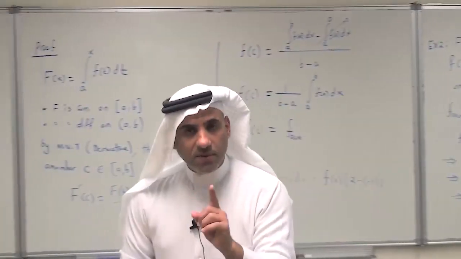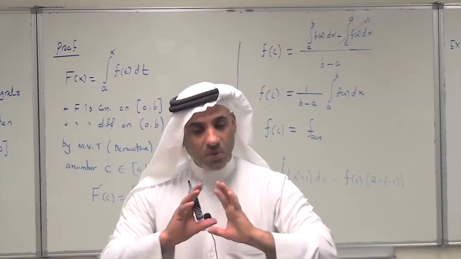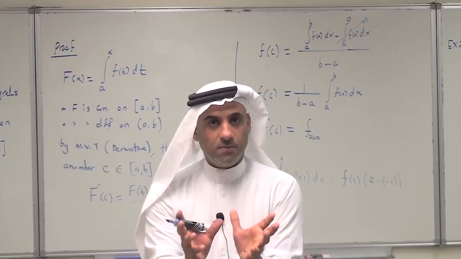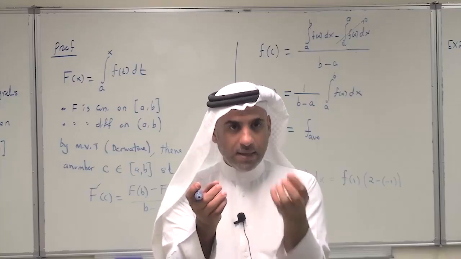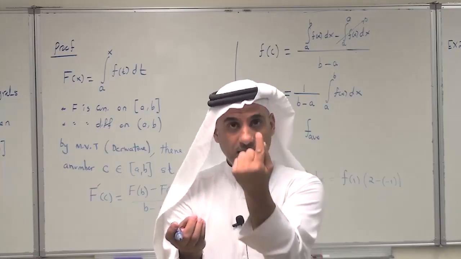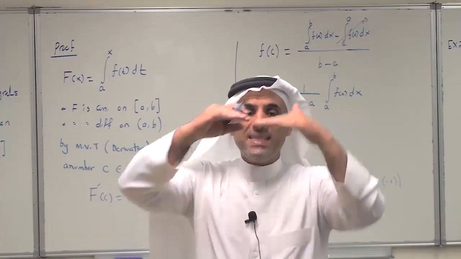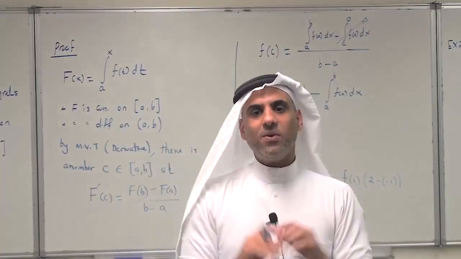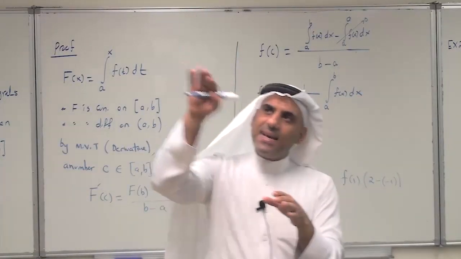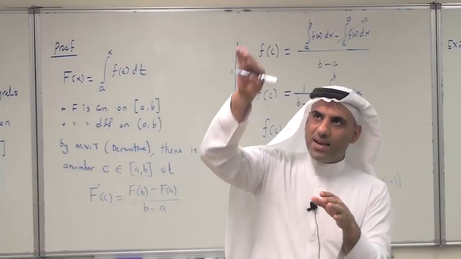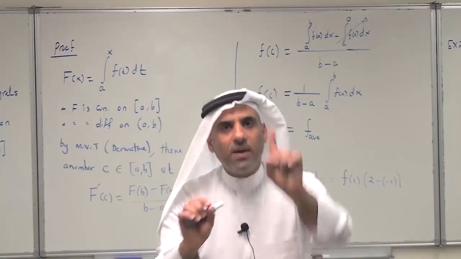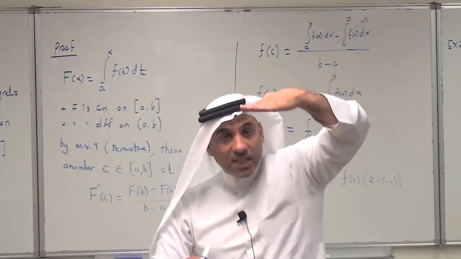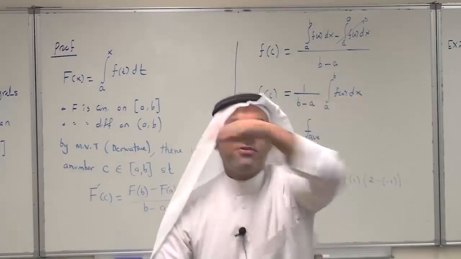So, the mean value theorem of integrals simply says, whenever you have a continuous function, you get its average always in the x-axis between a and b. There is a point, at least one, whose image is exactly equal to the average. Or it says the net area under the curve can be represented by only one rectangle whose altitude is the average of the function.